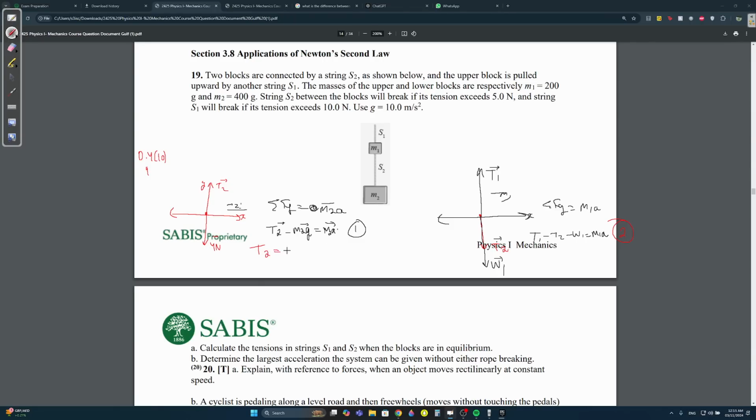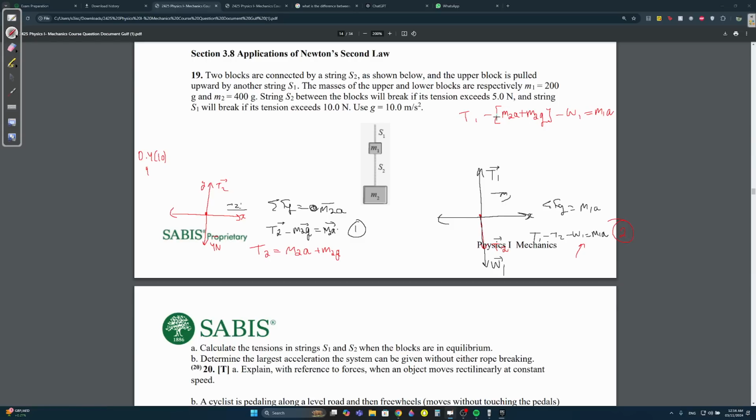Take this to the other side, so T2 equals M2A plus M2G. Here, I can substitute this with this. So it's going to be T1 minus T2, which is M2A plus M2G, minus W1 equals M1A.